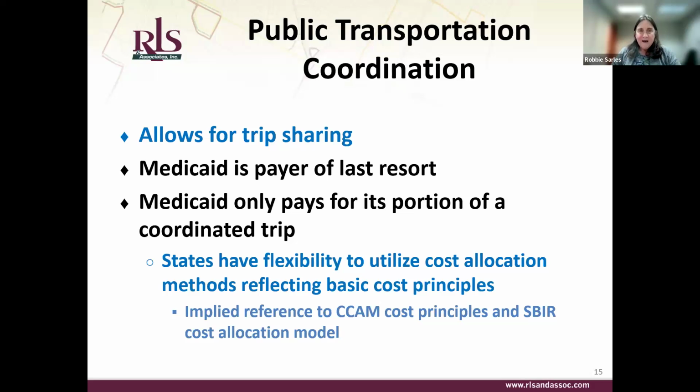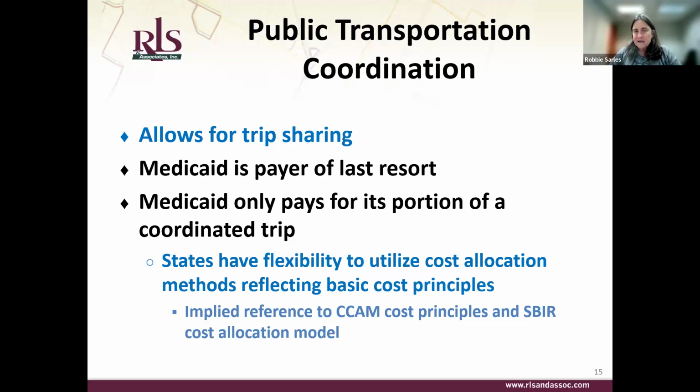So states have the flexibility to utilize cost allocation methods reflecting basic cost principles. This is really significant, okay? States have flexibility to utilize cost allocation methods that reflect basic cost principles. Even though it didn't specifically refer to the CCAM efforts that have been made to date, it definitely includes them by implied reference.